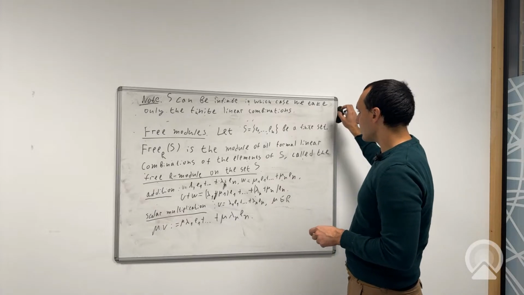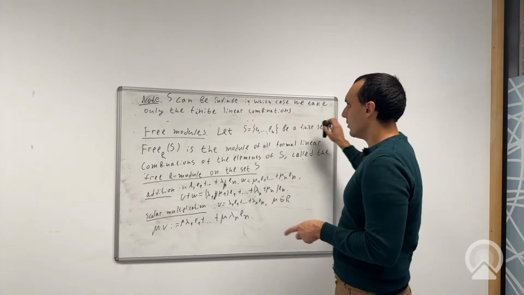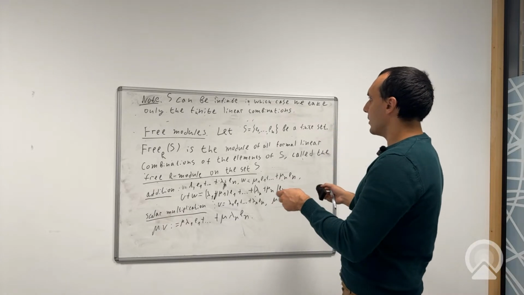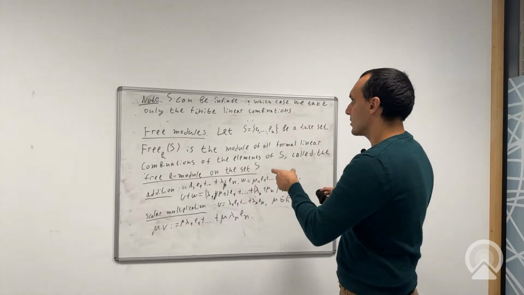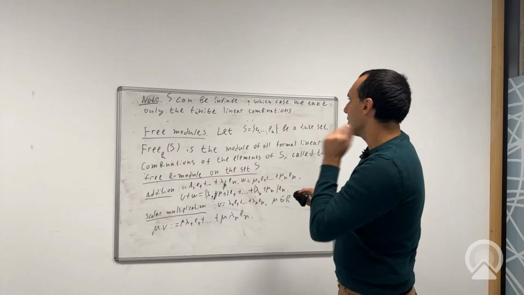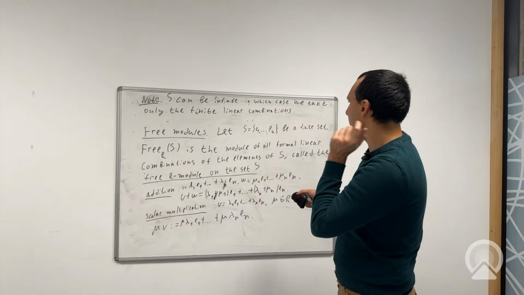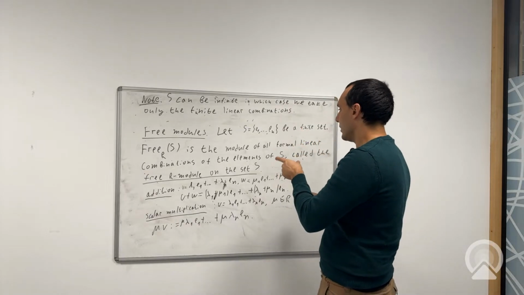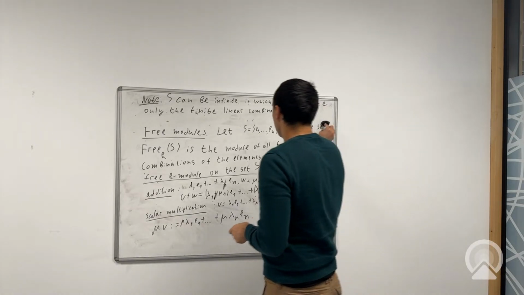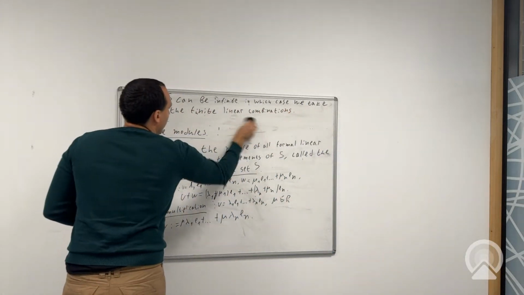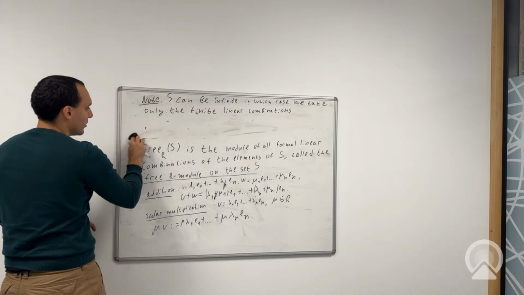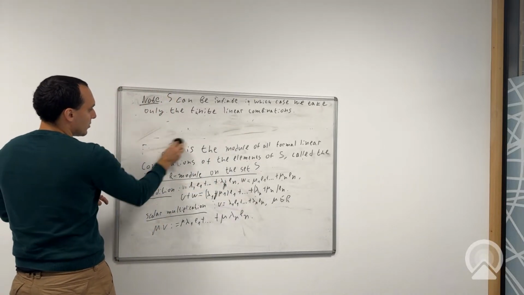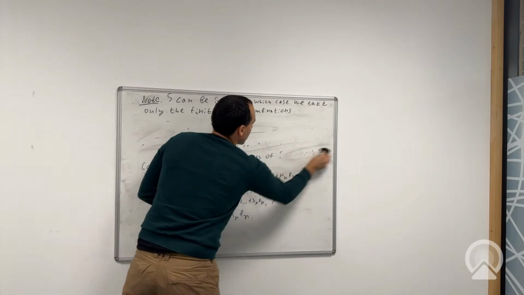Everybody knows a vector space which is a free space generated by a finite basis, but I assume most of you don't know this framing, so let me write it down.